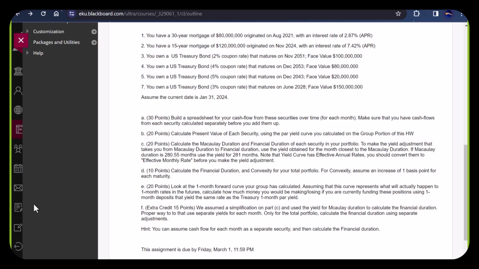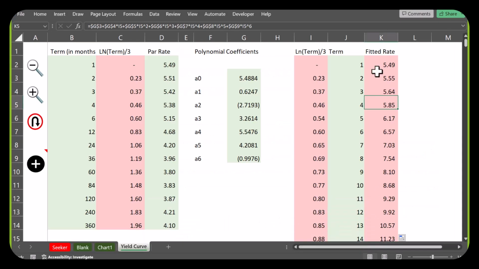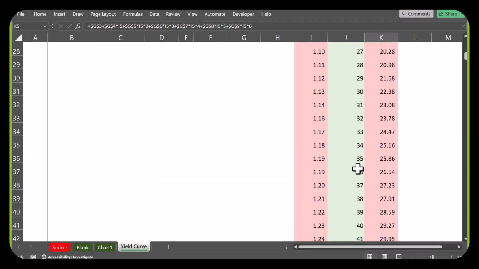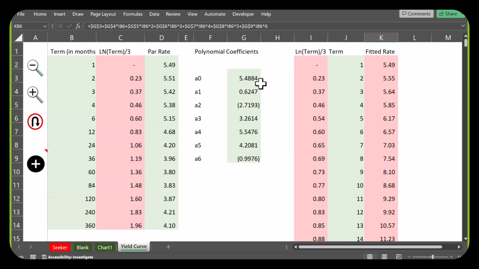Here's what you're going to do. You could either scroll down to month 92, 109. What the hell is going on? I must have entered the coefficients wrong.